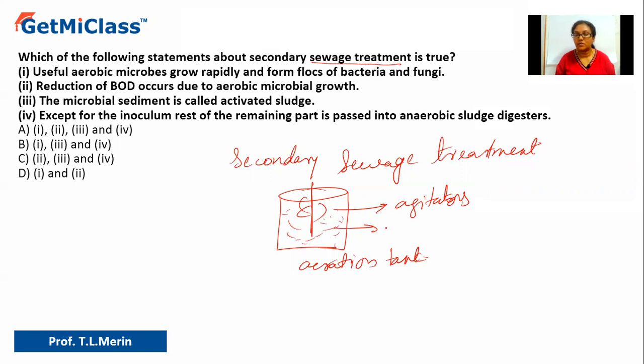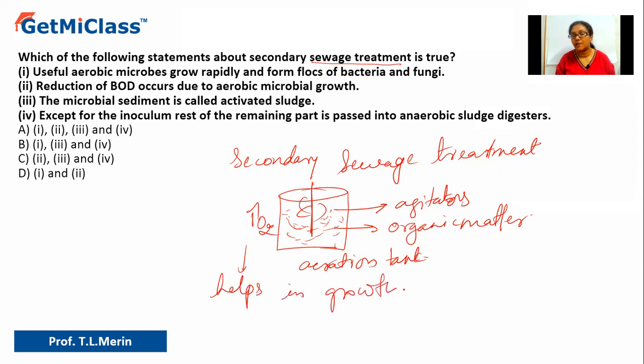And this sewage water consists of a lot of organic matter. This organic matter can be easily digested by many bacteria and fungi which are growing here. So during aeration, what will happen? It increases the oxygen in this water, and that helps in growth of microorganisms.